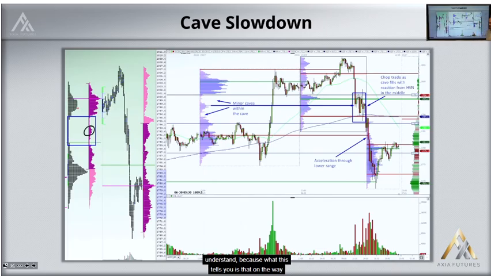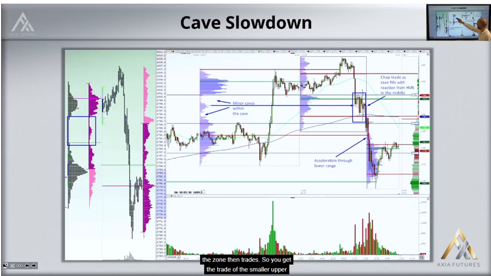And this is important to understand, because what this tells you is that on the way back down, there's a potential to fill each of these individually rather than fill the entirety of the move. And so just by looking at the basic single print sweep strategy that we've discussed before, you also have to recognize that when you fall into the minor cave, you will get a fill in, and we spend time trading in this zone, filling this in before you then get the next attempt down, and still the entirety of the zone then trades.